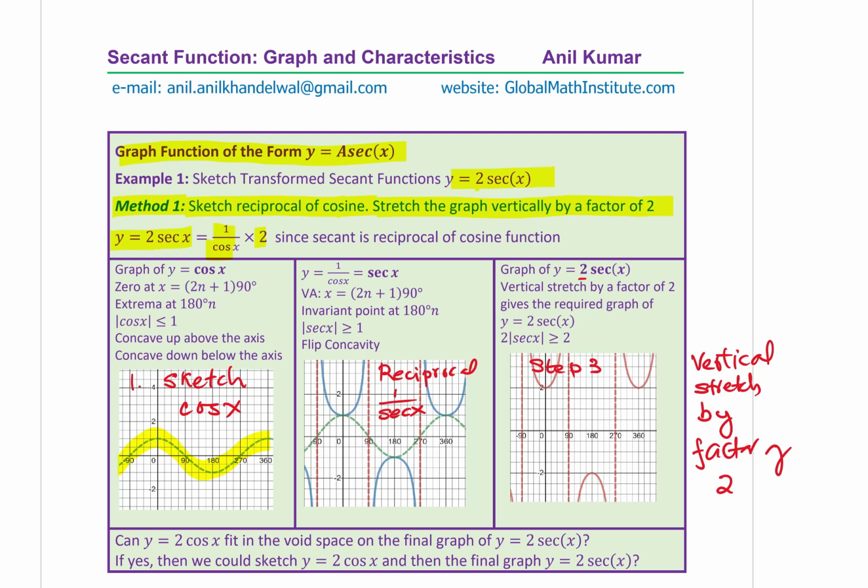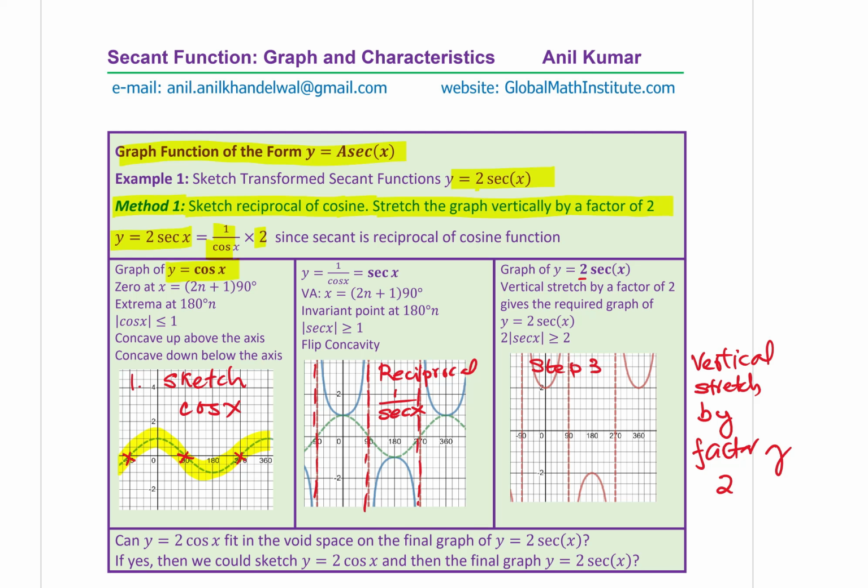As mentioned here, first we are going to graph y equals cos x. Now remember, when you graph y equals cos x, you identify the zeros, correct? So those are the zeros. Now at these zeros, we expect a vertical asymptote. So these zeros correspond to the vertical asymptotes on the secant function as I'm highlighting now, right?